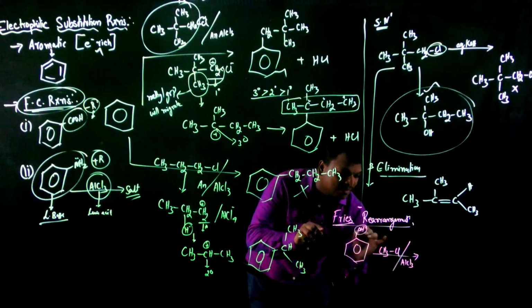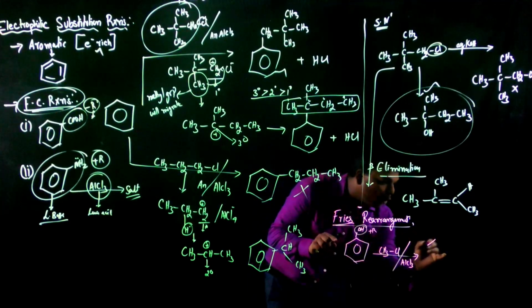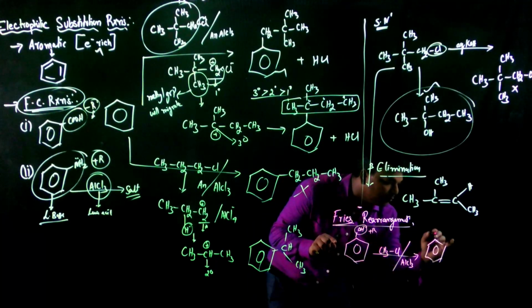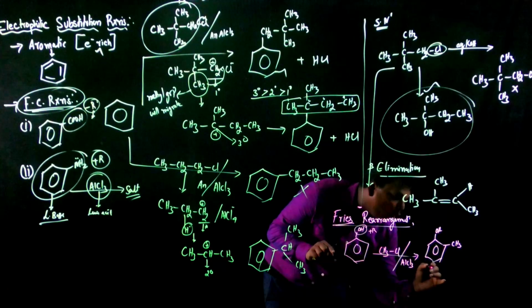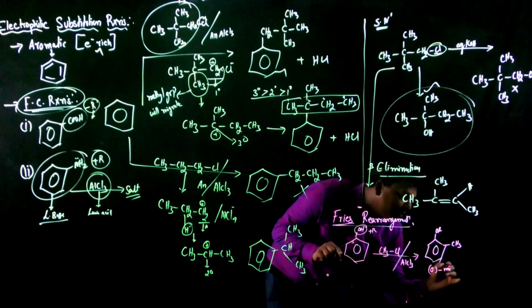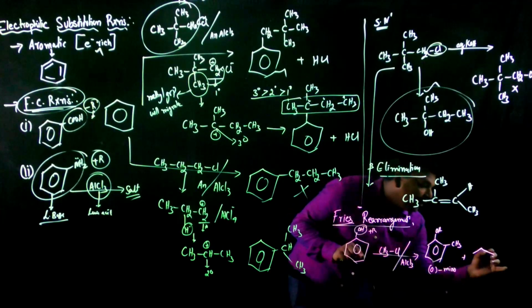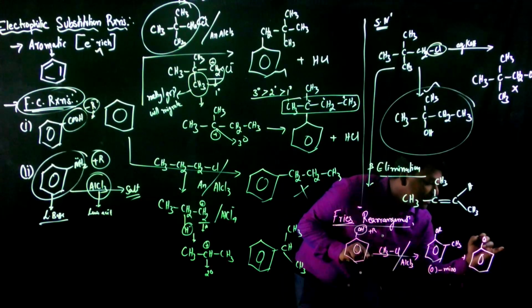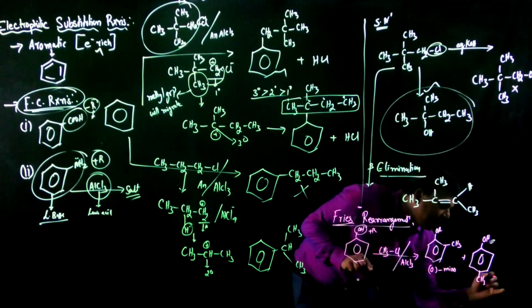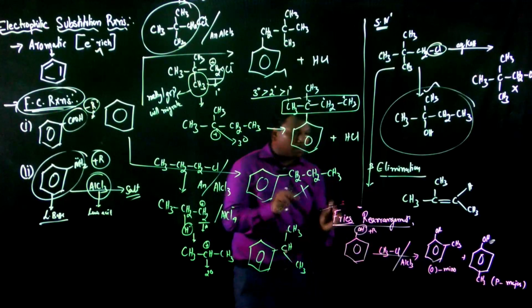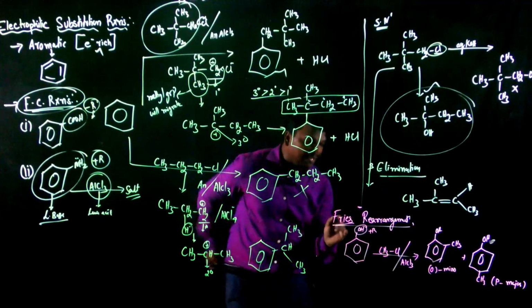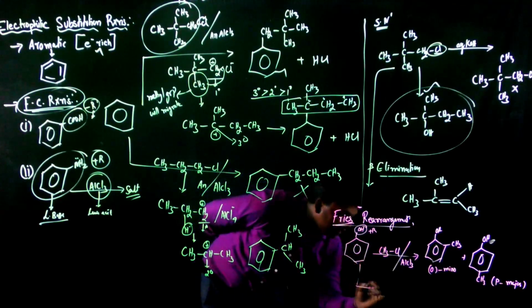You know, since phenol is a +R group, the product you expect is OH with CH3 in the ortho position, which is going to be your minor product, and CH3 in the para position, which is going to be our major product. This you know. Now before explaining Fries rearrangement in detail, I'll do Friedel-Crafts acylation also.